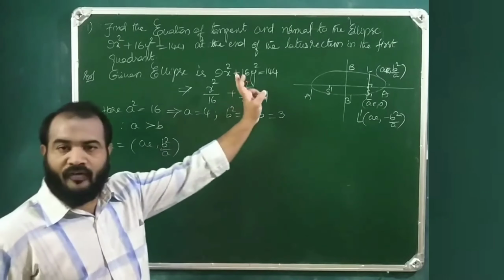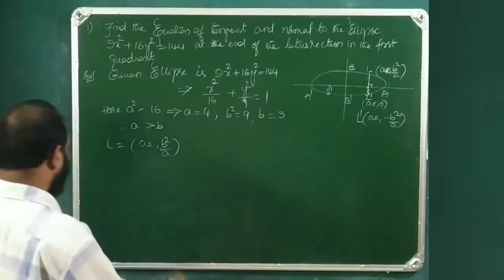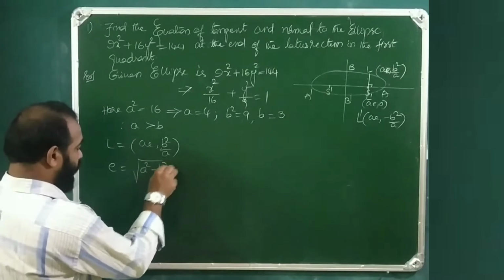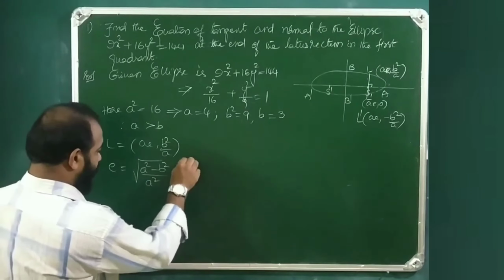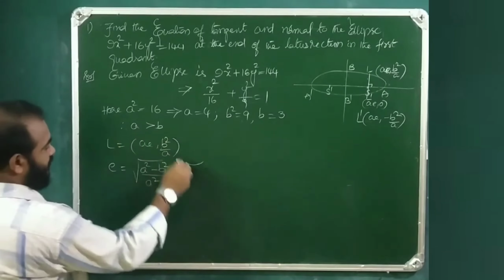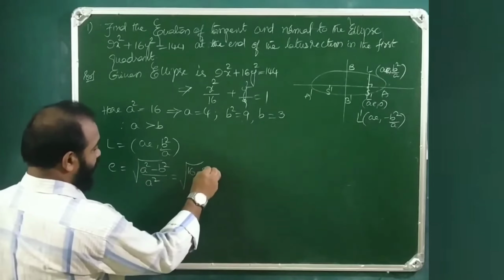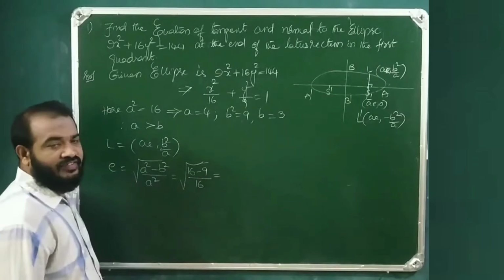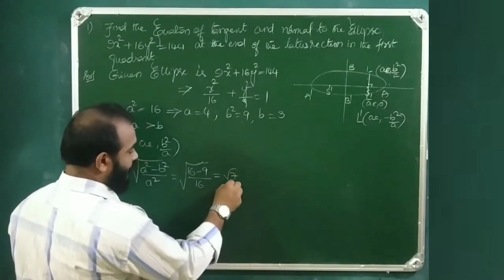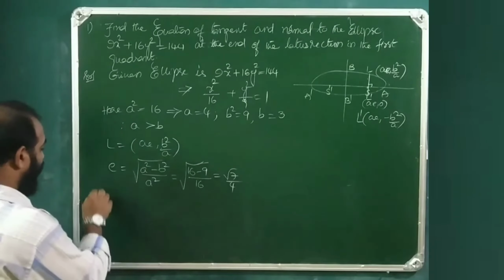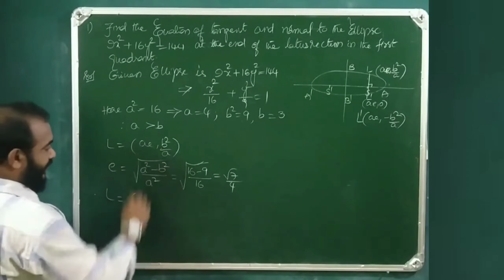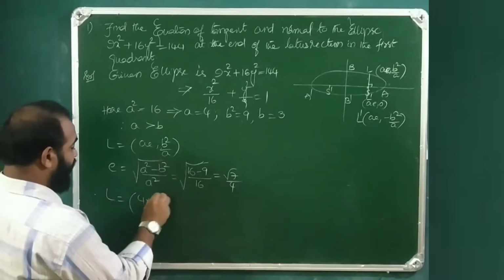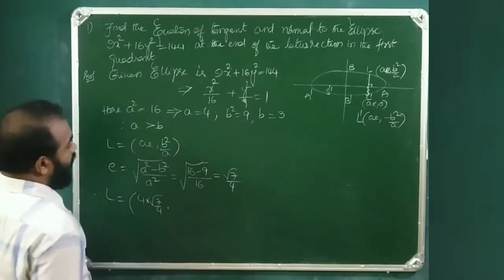First of all, let us find the eccentricity e. e equals square root of a square minus b square by a square, so square root of 16 minus 9 by 16. 16 minus 9 is 7, so root 7 by root 16, which is 4. Therefore L equals ae comma b square by a. a is 4, e is root 7 by 4.